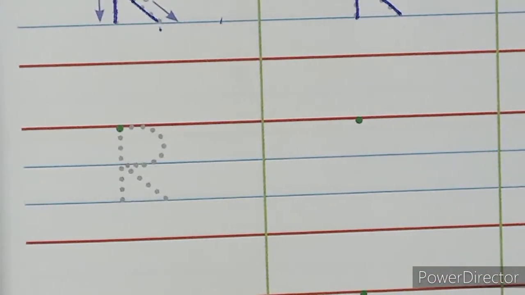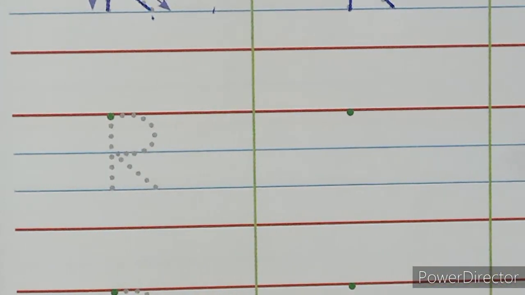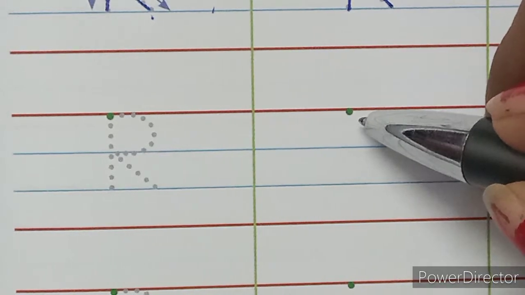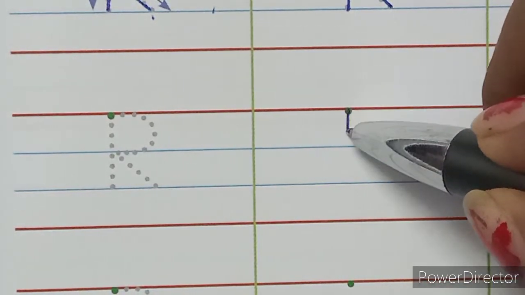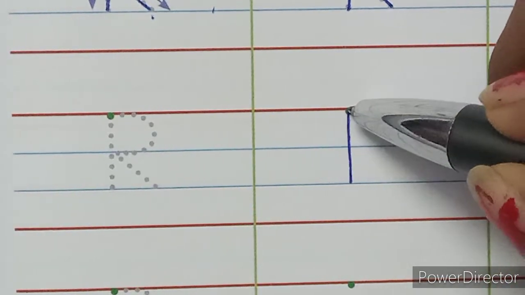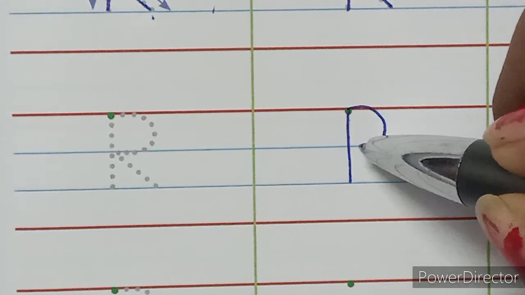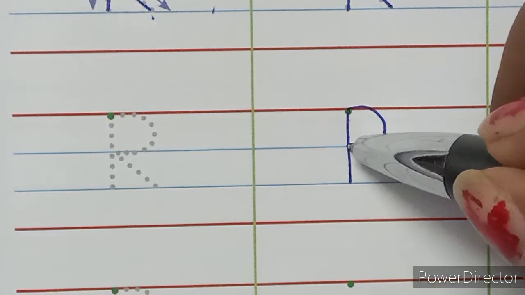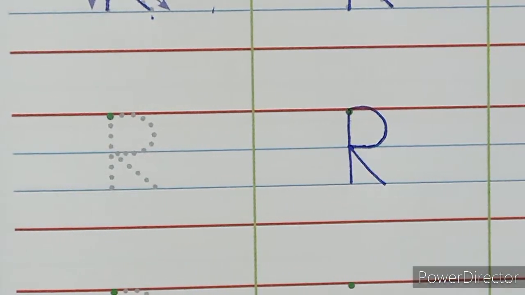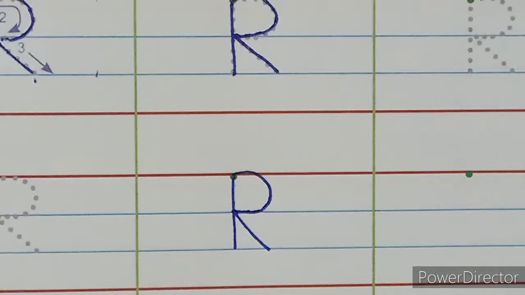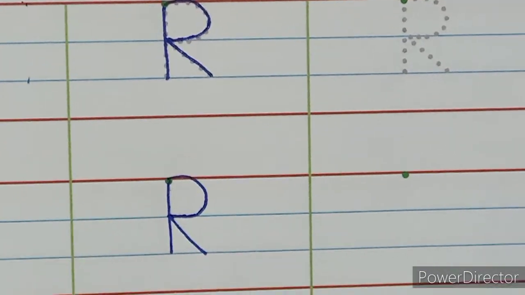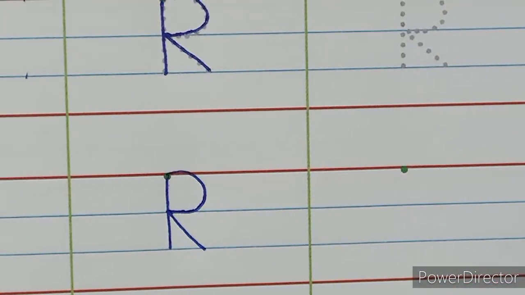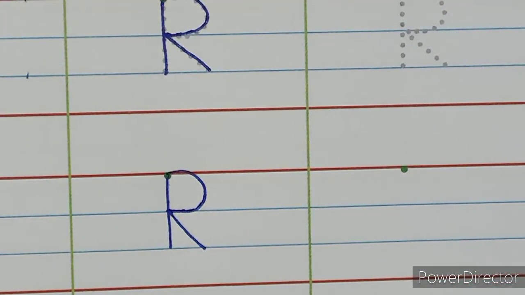So now we'll write where there is no tracing dots. Okay. So here you can see the green dot. We'll start from here. Make a standing line. Make a curve. And then make a slanting line. This is how we are going to write letter R. R for reindeer. R for rainbow. All of you, each time when you write, you have to say and write.